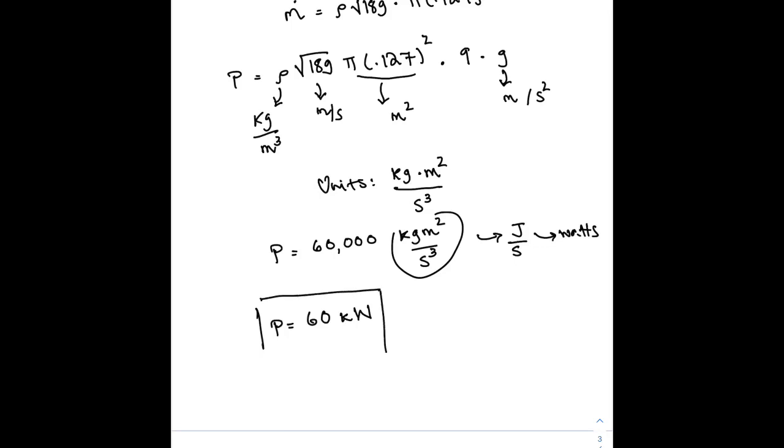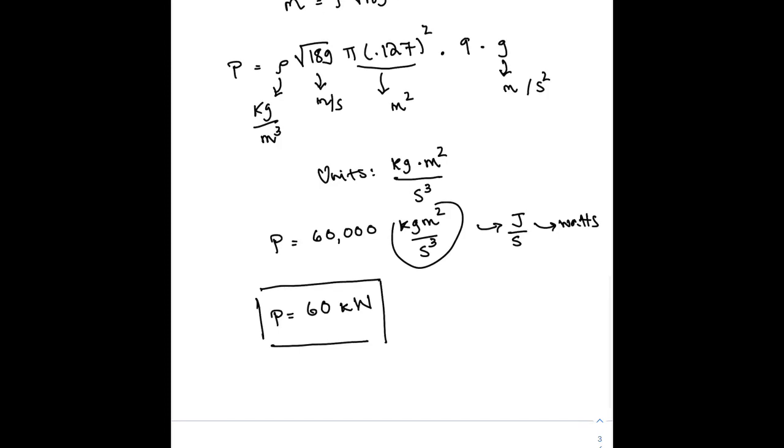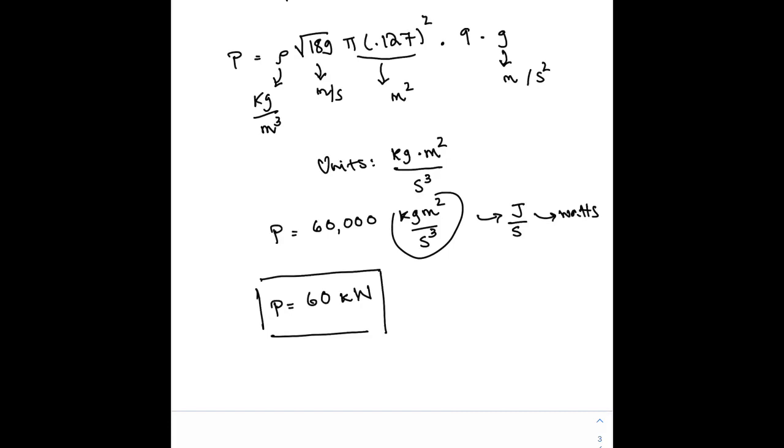This right here is the power required for the pump to pump the water into the jacuzzi. And since we're putting power into the system, the system will heat up.